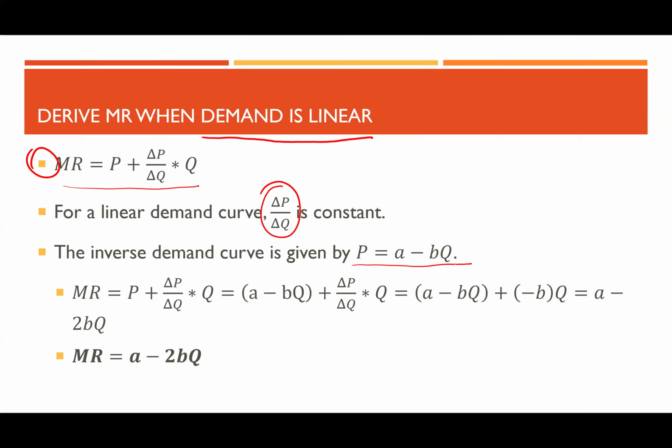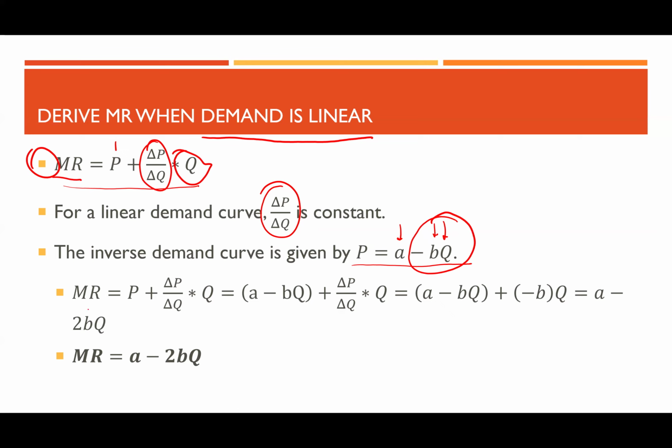So our inverse demand equation is price equal to some constant A minus the slope times quantity. And our marginal revenue equation is price plus some negative slope times quantity. All right, so we have this same negative BQ going on in both equations.